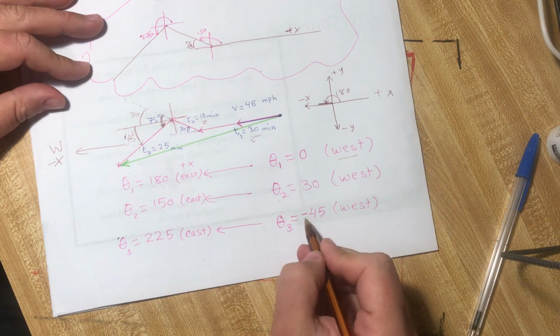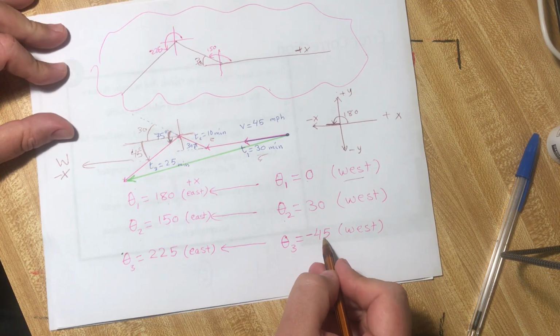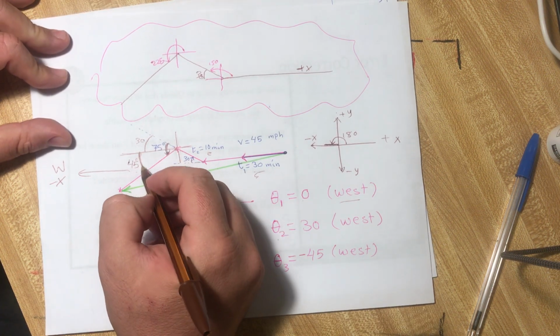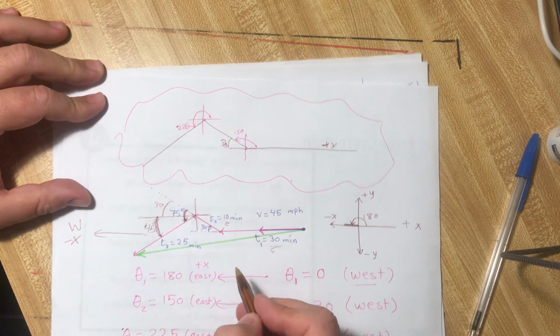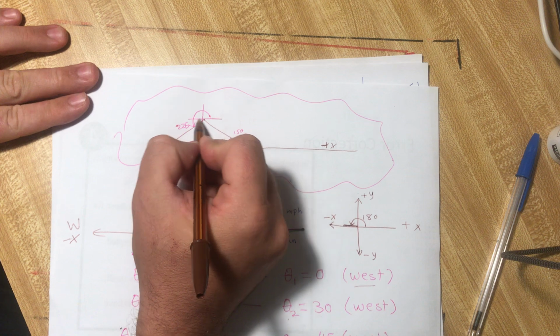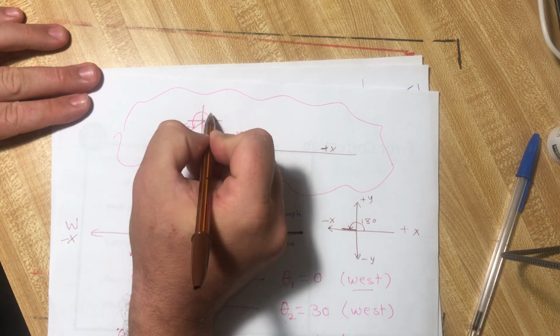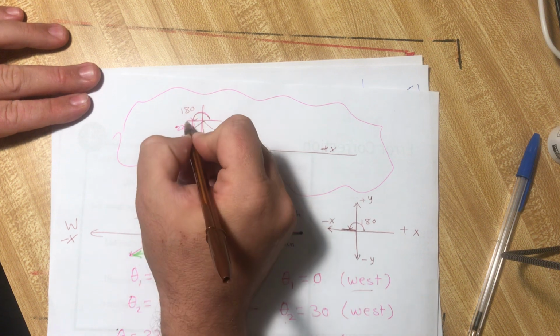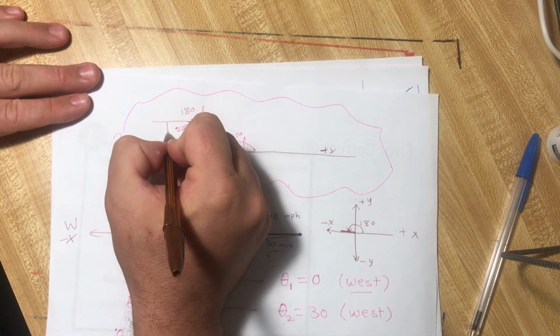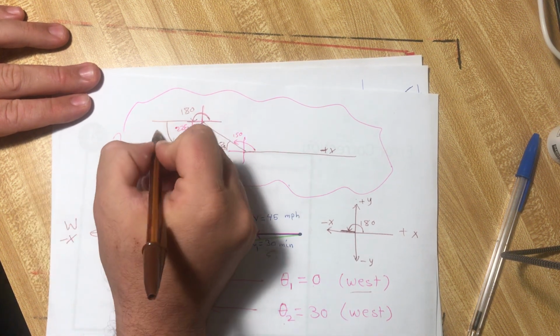Also for the third movement, negative 45 with respect to the west here, if I take a secondary xy plane, this is 180, and I need to add 45 to 180.